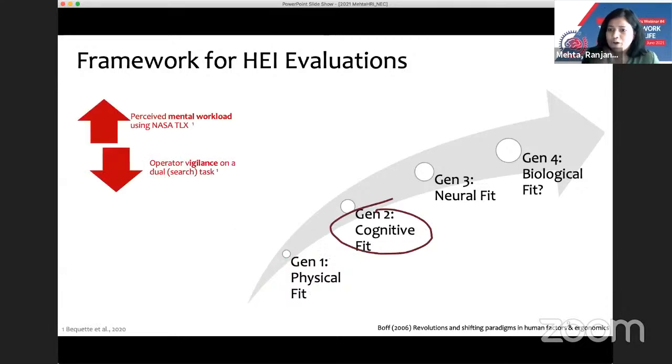However, in terms of cognitive fit for exoskeletons, there are a handful of papers out there that look at how exoskeletons are cognitively adept or fluent with human users. There have been some studies that have shown that when someone is wearing an exoskeleton versus not, there may be physical augmentation and benefits.